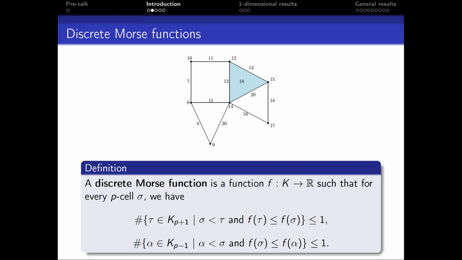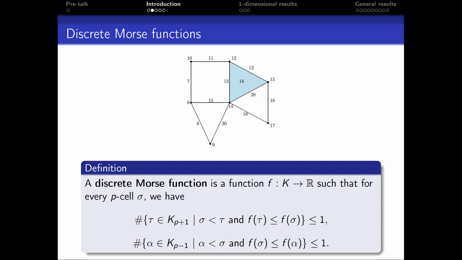But remember what we said at the beginning of the talk. We said a Morse function is basically telling you that if you are changing the dimension, you are changing the value, and you change it in a controlled way. So if we read the definition, if you pick a cell of certain dimension, you're looking at the different cells for which sigma is smaller than tau.